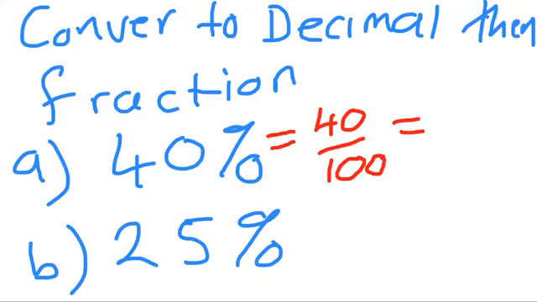So we can take it also to a decimal, then I can take it to a fraction. I skipped the decimal part, but I can take it to a decimal, which would be 0.4. Let me stop there a little bit. I know it's a little bit confusing. So 40% is 0.4.